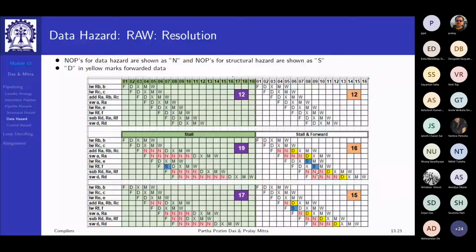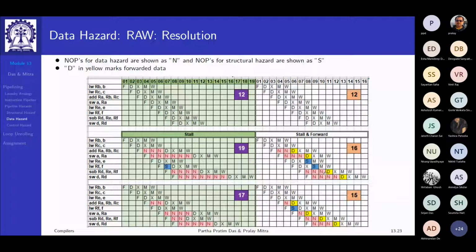And then we go with the subtract with the forwarding. As soon as the value of RF has been loaded from memory, not yet written back to the register, it is ready and it can be forwarded to the sub instruction, reducing the number of stalls.